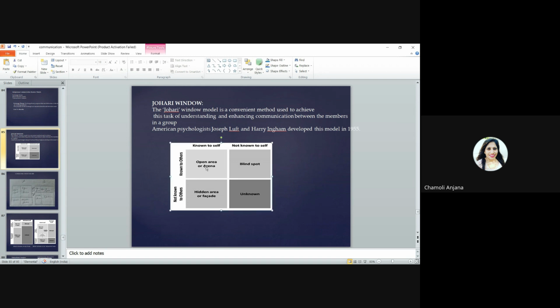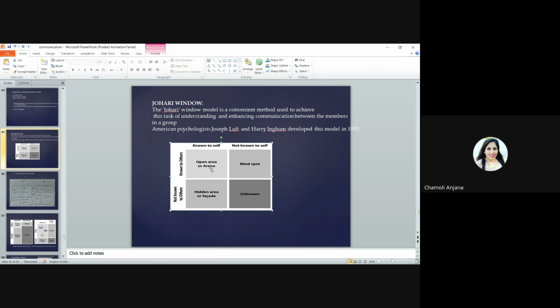Now, what is this open area? The open area is the area that lies where a person knows himself, has self awareness, and also others are aware of this person. That area is called the open area or open arena. An example can be the role a person plays, for example a student.